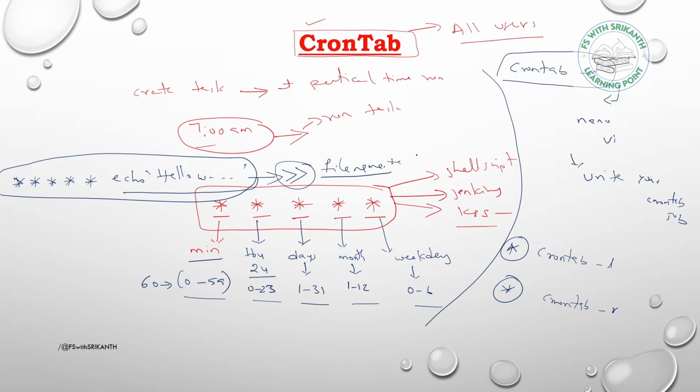For clear understanding, suppose every 10th minute I want to execute. Very simple: minutes run from 0 to 59, 60 in total. So I go with the 10th minute and then all stars, 5 stars, and the command you want to execute. It can be a .sh file; you provide the complete path, and whatever shell script you place there will be executed every 10th minute.